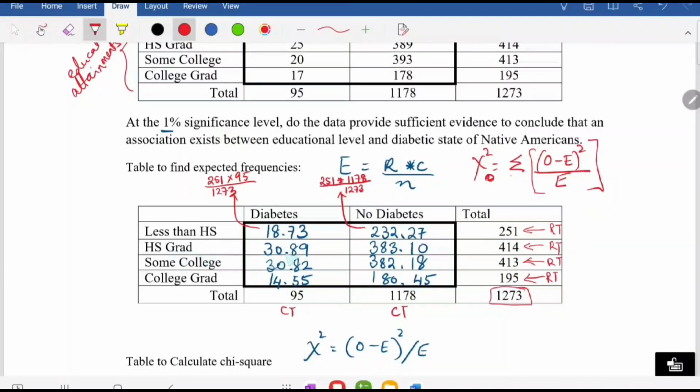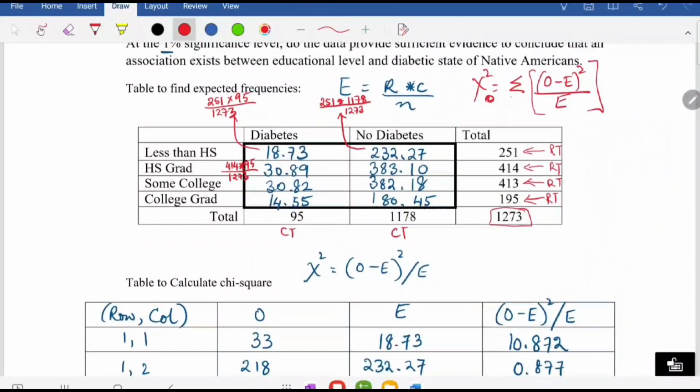Likewise, for HS grad diabetes, the expected value will be calculated using the row total for HS grad, which is 414, multiplied by column total 95 over 1273. So you're going to go through the entire table cell by cell to compute the expected frequencies using this formula here, and then complete it, all right?